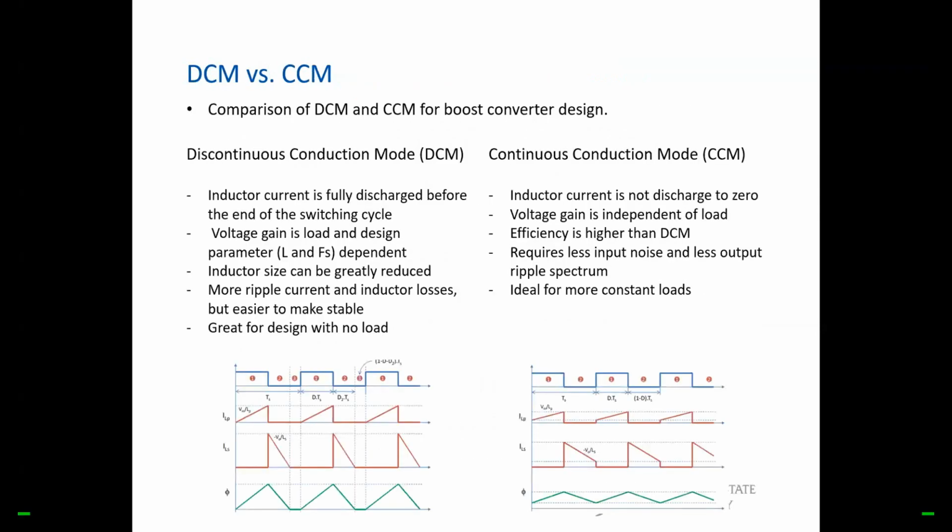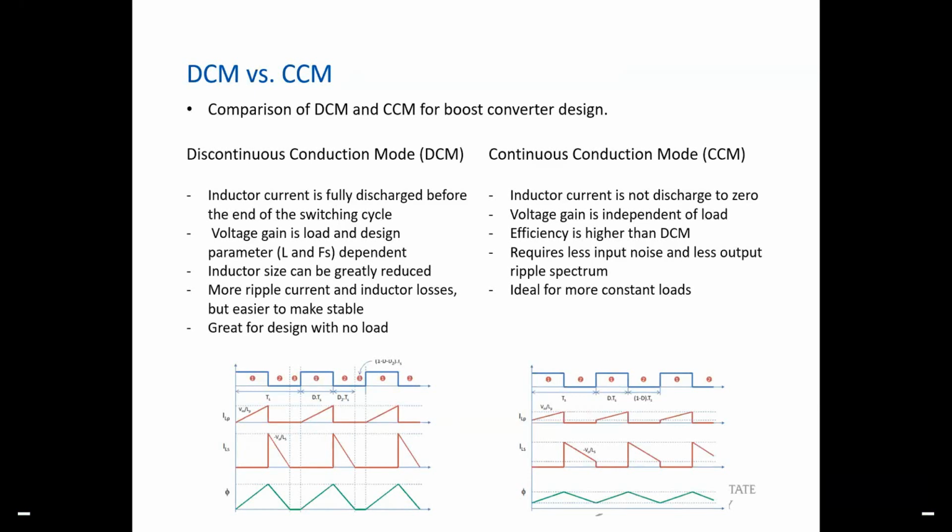Comparing DCM and CCM for the boost converter, in DCM, the inductor current or, another way, the capacitor voltage is fully discharged before the end of the switching cycle. And that does cause the voltage gain and design parameters to be dependent on various aspects of the circuit, such as the capacitor and resistor voltages of the load, rather than being uniquely dependent on the duty cycle.